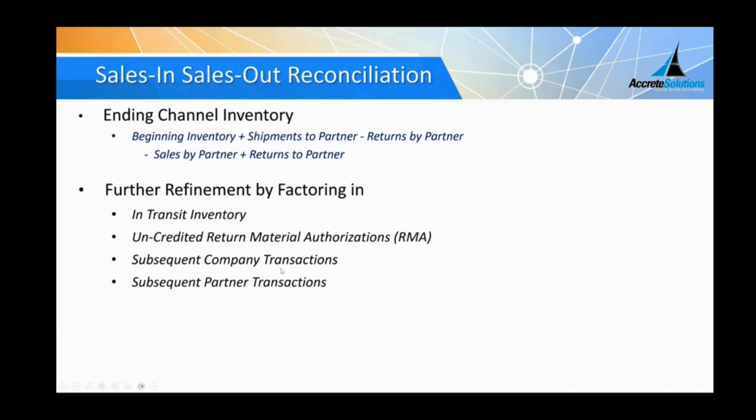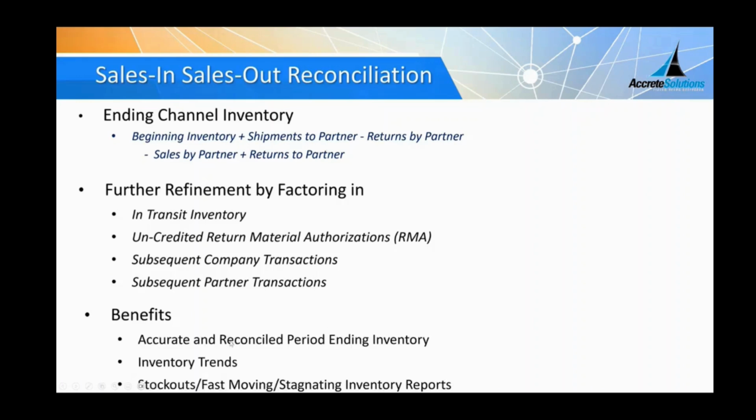Like I said, if the partner reports inventory, let's say on the 20th of the month, and you're calculating the inventory for the end of the month, between the 20th and the end of the month, you have to take all the transactions that happened in those 10 or 11 days and figure that into your calculations. So in the end, you'll come up with a very accurate and reconciled period ending inventory. So this is what the sales in sales out analysis component does.